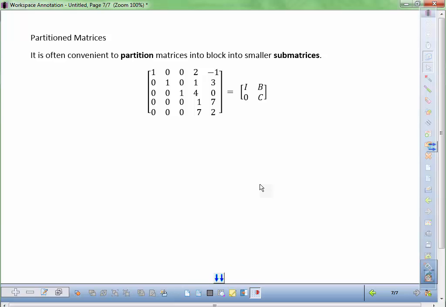So in this example, I have 1, 0, 0, 2, negative 1, 0, 1, 0, 1, 3, 0, 0, 1, 4, 0, 0, 0, 0, 1, 7, 0, 0, 0, 7, 2. And because of some special properties, we didn't talk about the identity property, but the identity matrix is 1.